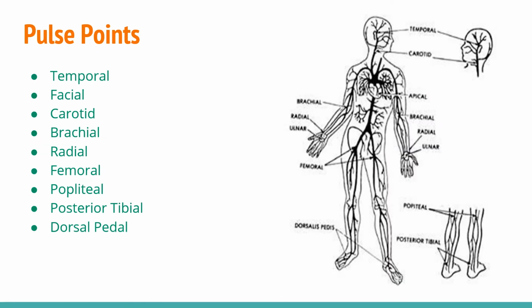All right, so this is just showing you all the different pulse points throughout the body. So we're talking about your pulse. You're really talking about the surge of blood that is rushing into the arterial system during each ventricular contraction, causing the elastic walls of your arteries to expand.